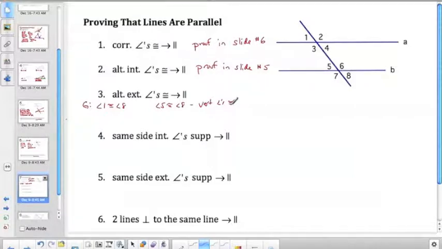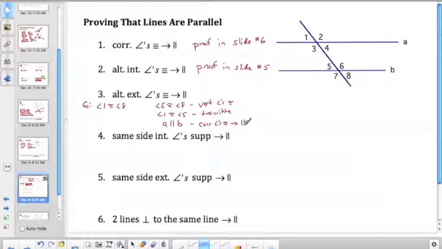Therefore, angle 1 and angle 5 are congruent by transitive. And notice that angle 1 and angle 5 are corresponding. Therefore, we have parallel lines, because the corresponding angles are congruent. So notice we used number 1 to prove number 3. And there's other ways too. I mean, we could have done so using number 2 to prove number 3.